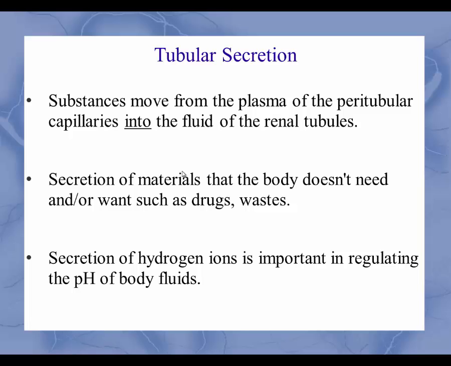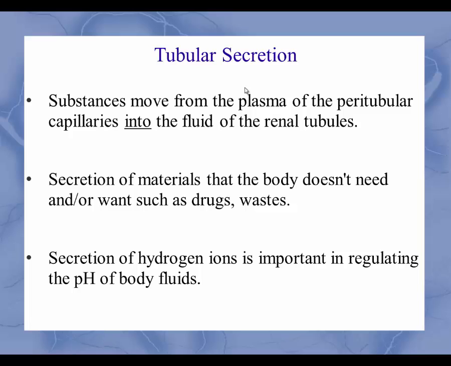Alright, now for the third part of forming urine, the tubular secretion. This is when substances move from the blood capillaries into the renal tubules. So they're not being secreted by the renal tubules, they're being secreted into the renal tubules. That's why I mentioned that tubular reabsorption and tubular secretion sound backwards of what they should be, but think of where the material is going.